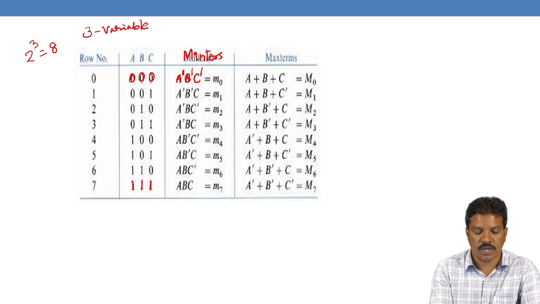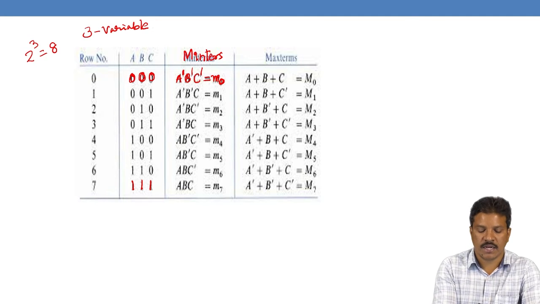That input Boolean combination with logic value 0 is a bar, b bar, c bar, which is represented as m0. That min term is represented with a small m suffix 0, where 0 represents that corresponding binary combination in decimal number.